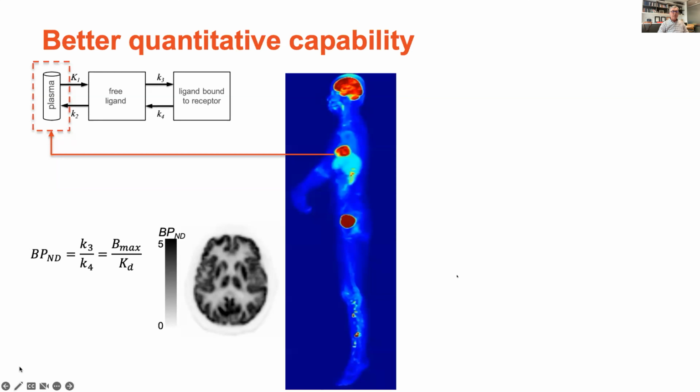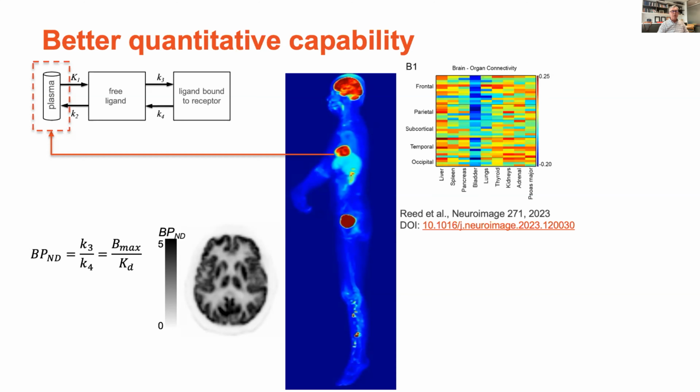But with total body PET, of course, we don't have to take arterial blood samples anymore because we've always got the heart in the field of view. So we can do these types of studies non-invasively. And beyond that, of course, there's the possibility and the opportunity to apply some of the techniques that have been used in the brain to the rest of the body.